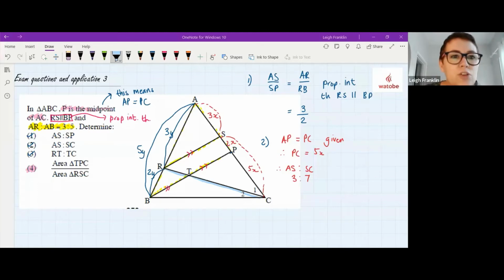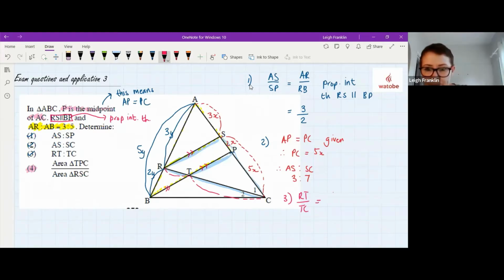All right, perfect. So we are working in this triangle over here because we have side TP or line TP that is parallel to side RS. Okay, good job. So we know that RT over TC is the same as SP over PC.